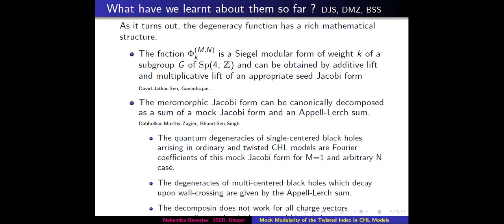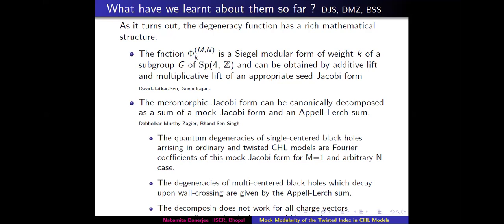In particular, as I have already said, it's a single modular form of weight k of some subgroup G of Sp(4,Z), and can be obtained by additive lift and multiplicative lift of an appropriate seed Jacobi form. It's an independent result. Nabamita, you're assuming M and N are co-prime? Yes, yes, Suresh. Please be there, I will have something to ask you at the end.